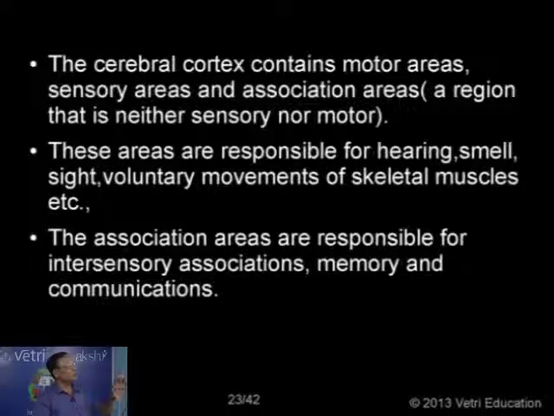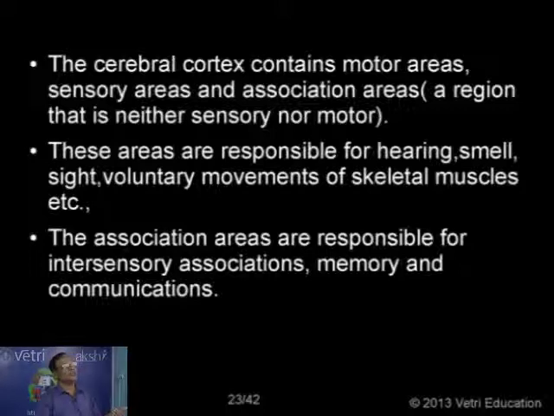They are responsible for intersensory functions, integrating the different sensory functions. Normally these are considered the areas of recognition. If any brain activity is to be carried out, it gets an approval from these association areas.